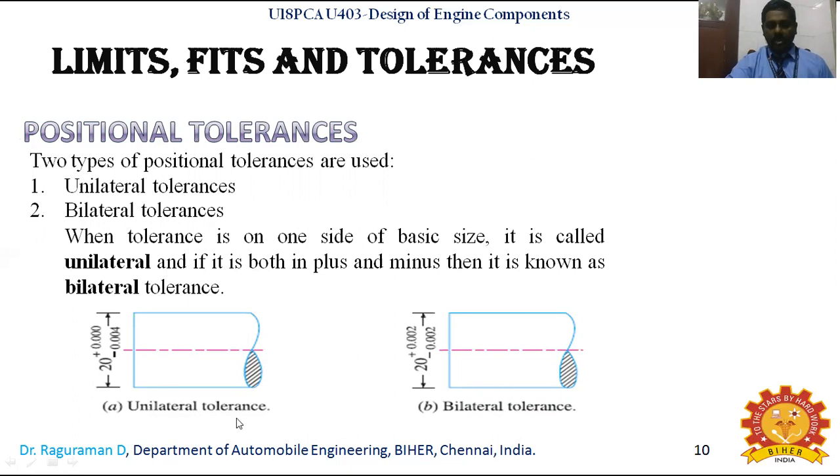If you are trying to manufacture a component and you get 20.001 mm, then the component is not accepted because it is not in the range of your tolerance. It exceeded the tolerance. But if it is 19.002, then what is the accepted limit?